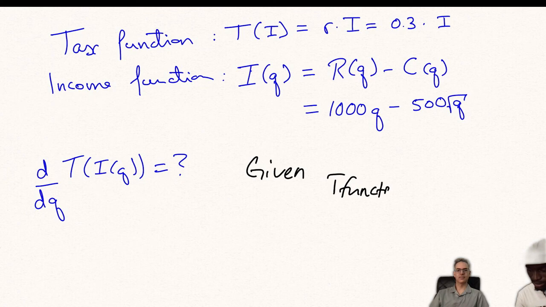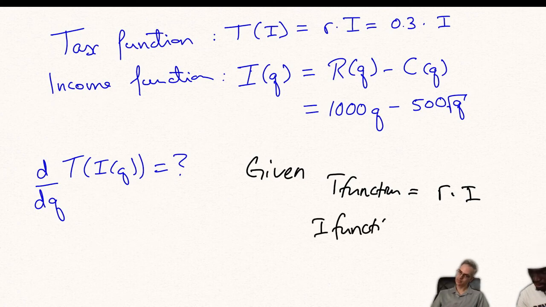Which is rate multiplied by I, right? And then I have the income function, which is I of Q. That's Q, right?